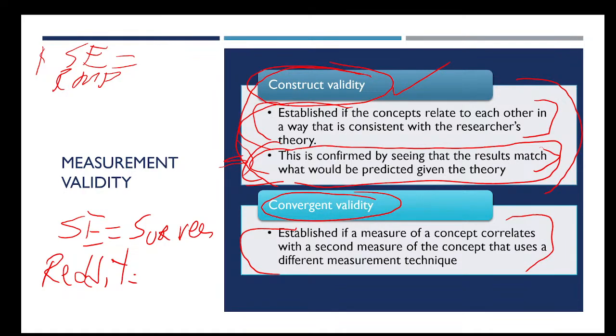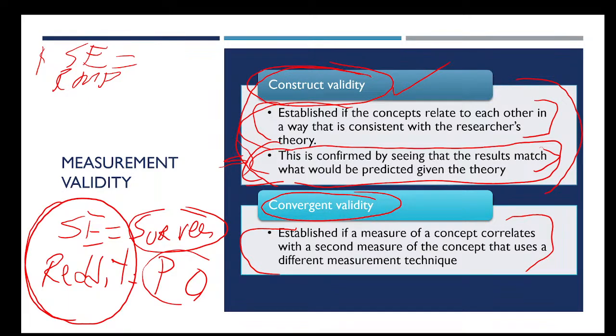So this would be like positive comments. This would be surveys. This is textual analysis. If those two things are showing you essentially the same thing, right? They're very different measurement tools, but you think they're measuring the same concept, then you could say that you have convergent validity, right? Because you're basically measuring the same concept, but using different techniques altogether.